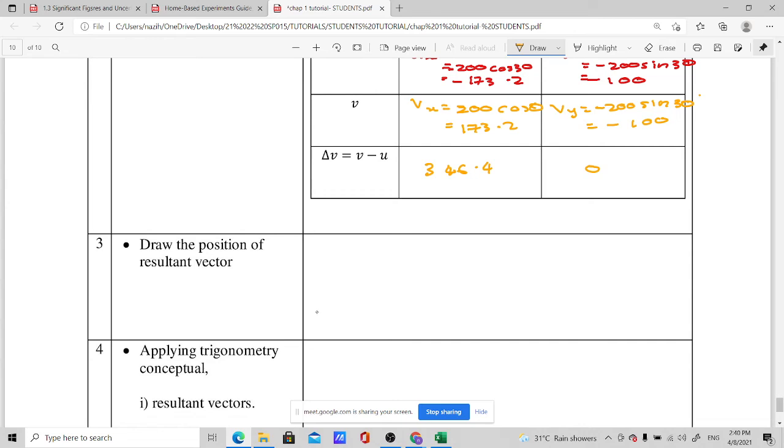Next, let's look at the position of the vector. This is your y, this is your x. So should this one be positive or negative? Positive.